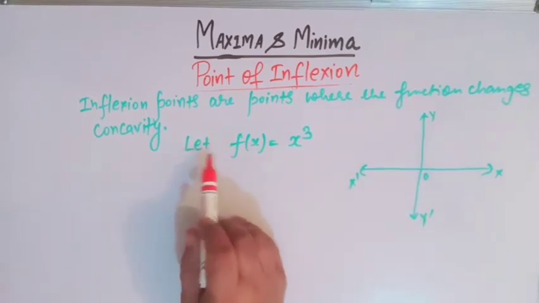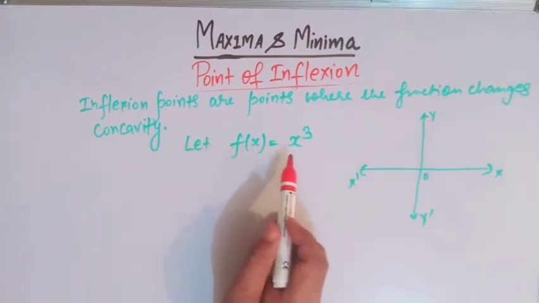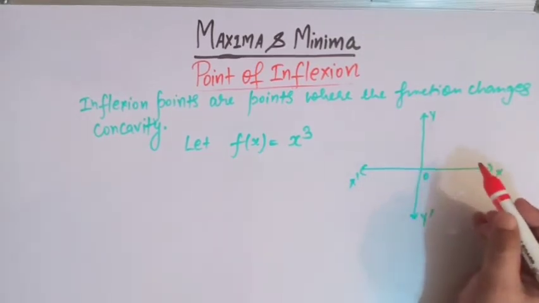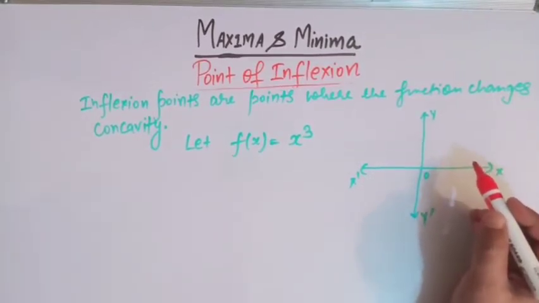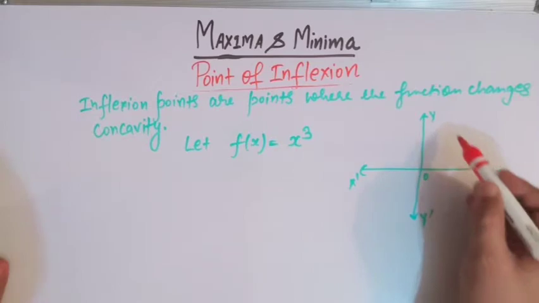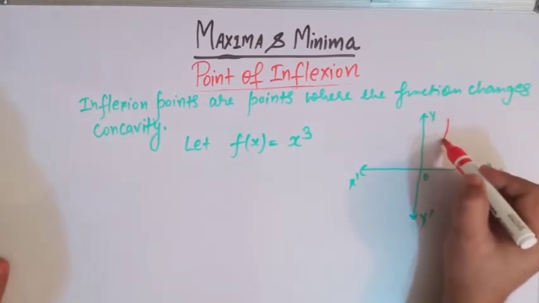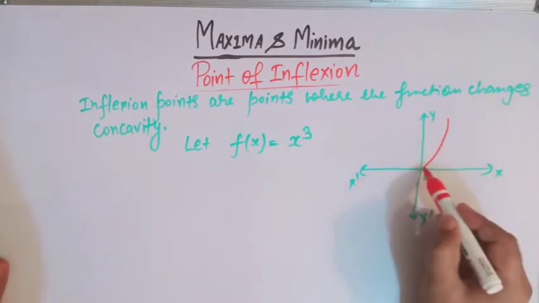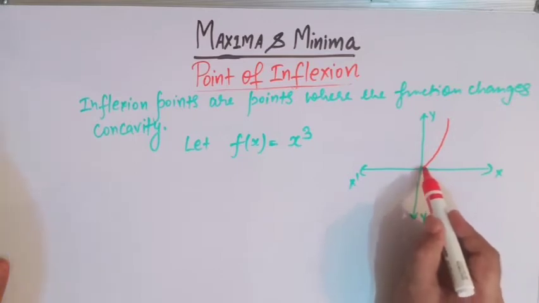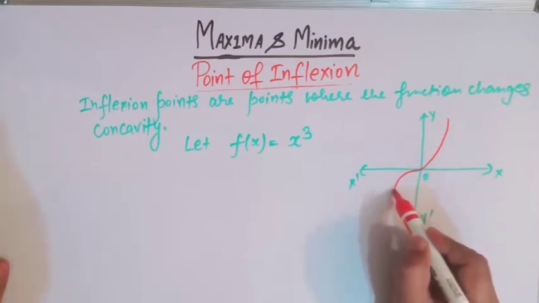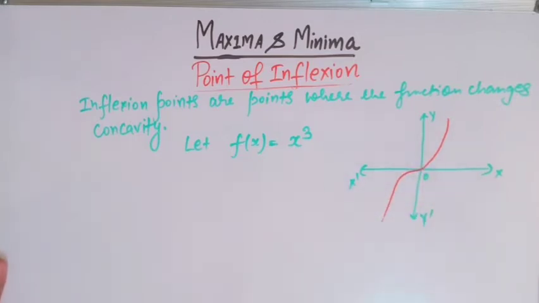Now here we have a function f of x equal to x cube, and let us draw its graph, and the graph looks like this, see, this is the graph, right?